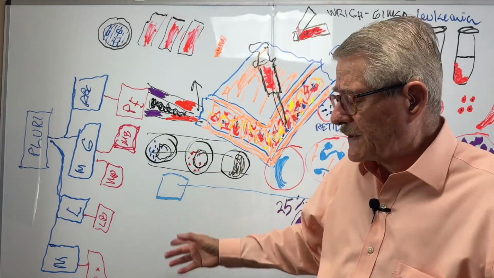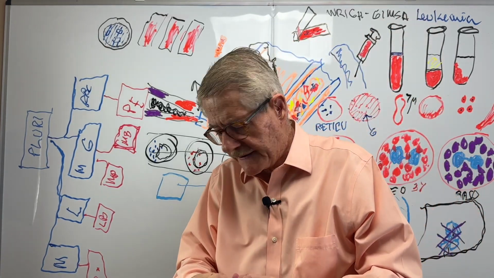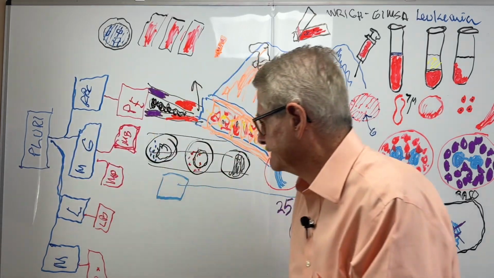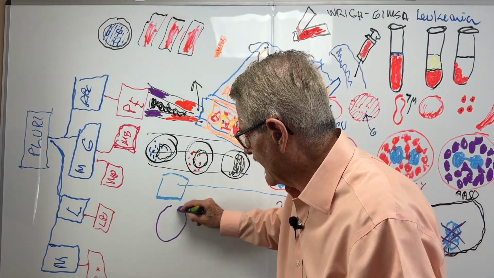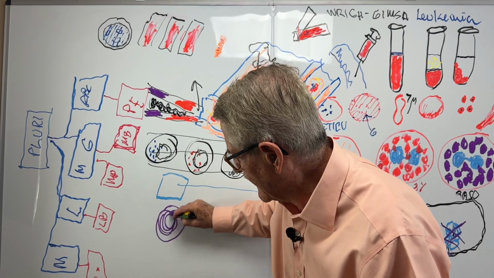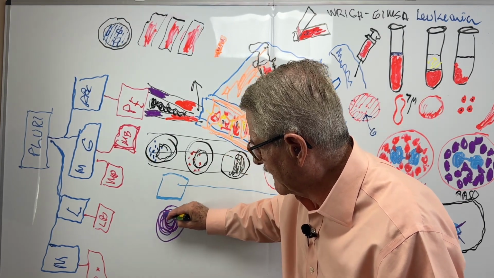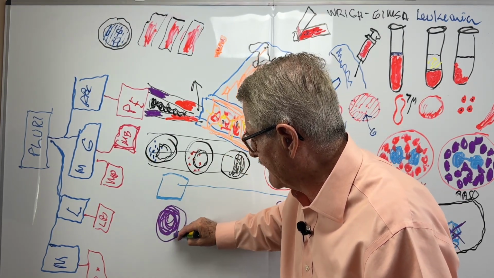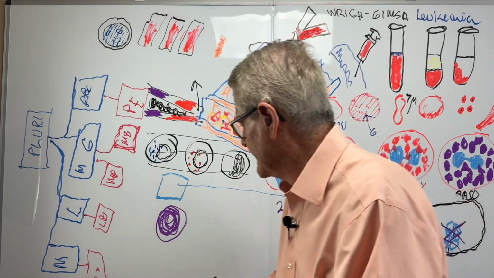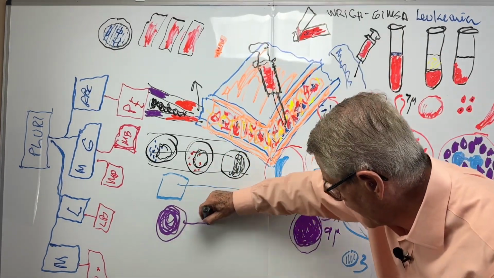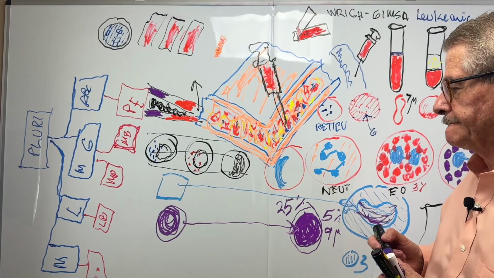Now, the lymphocyte goes into another stage called prolymphocyte, which almost looks like a lymphocyte, but may have nucleoli, a more blastic, more immature appearance, and then this prolymphocyte turns into that.